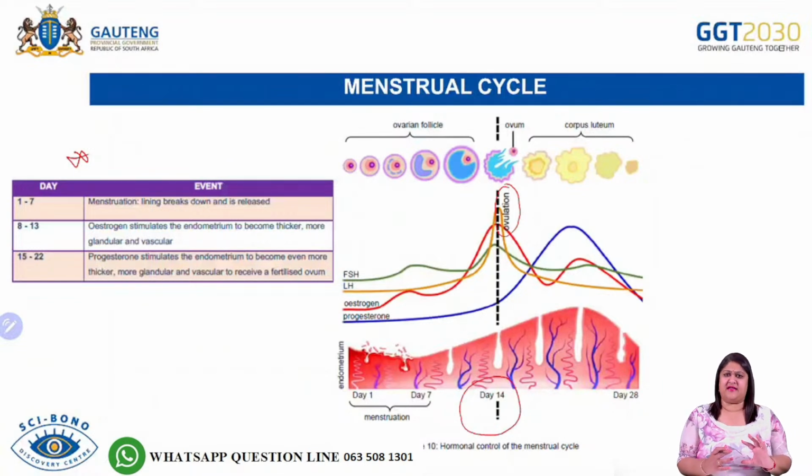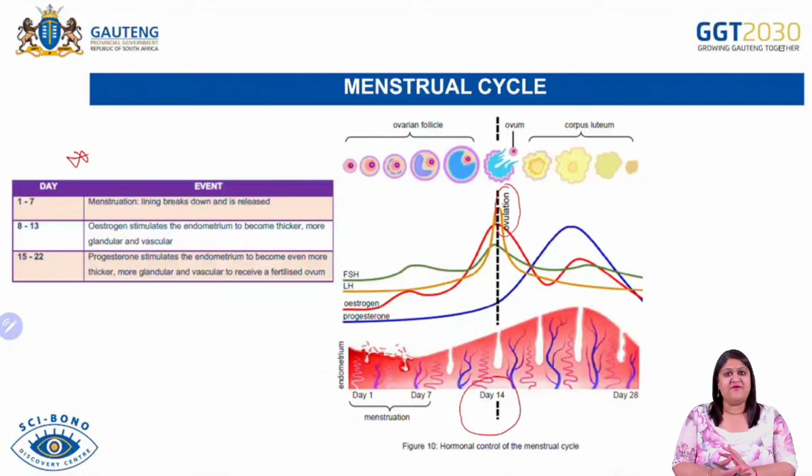Okay, let's just talk about that a little bit. What's the whole point of having this menstrual cycle? One of the major events contributing to reproduction is the release of the ovum during a process called ovulation. So every month, there's the possibility for a female to fall pregnant, provided an ovum has been released and sexual intercourse has occurred, and that the sperm can then have an opportunity to swim towards the ovum to fertilize it.